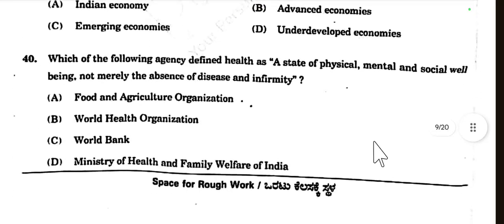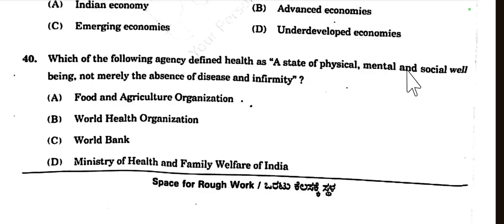Then question 40, which of the following agencies defines health as a state of physical, mental, and social well-being, not merely the absence of disease and infirmity? The options are Food and Agriculture Organization, World Health Organization, World Bank, Ministry of Health and Family Welfare of India.